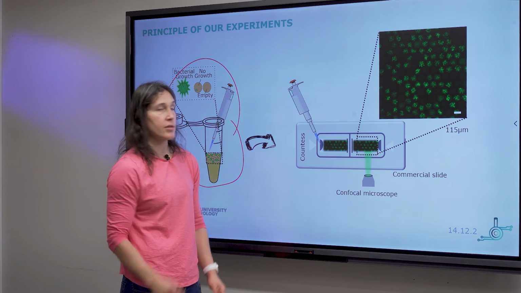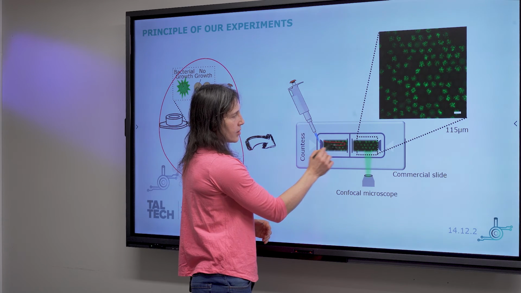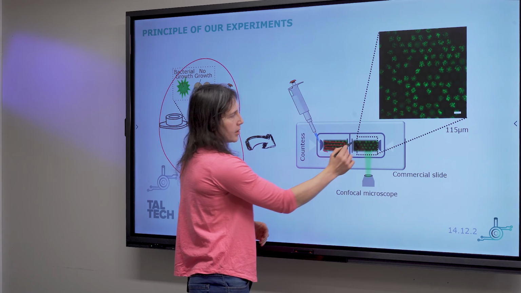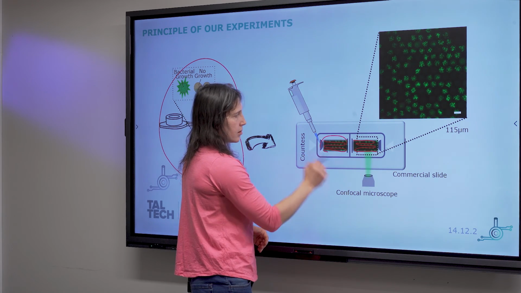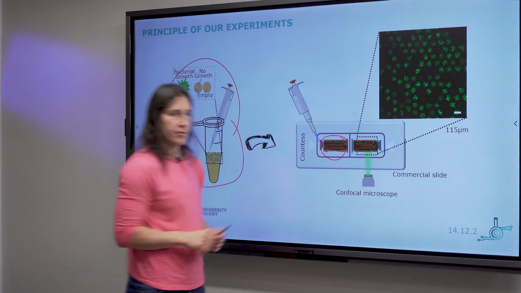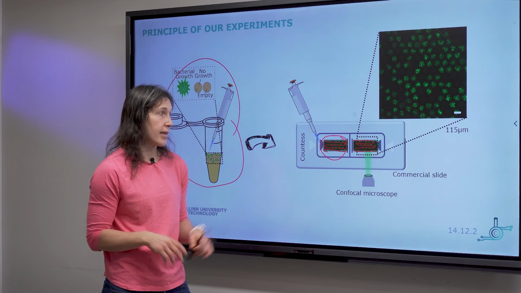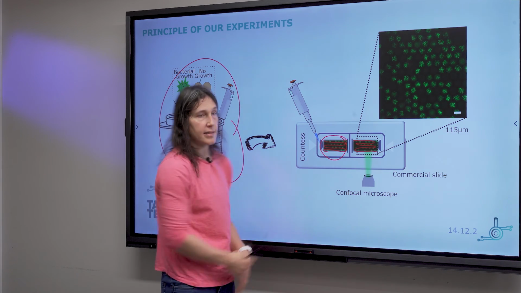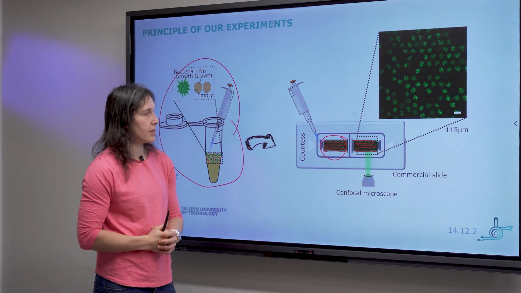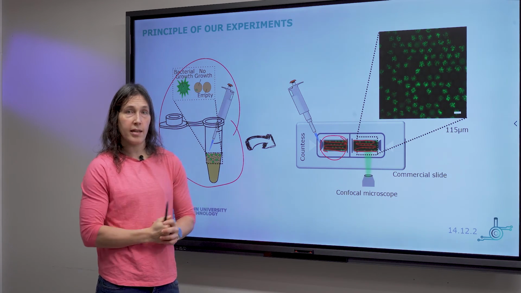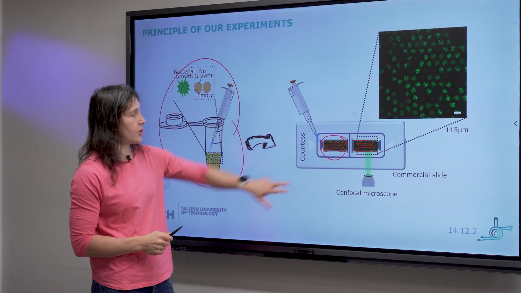We use a confocal to make a tile scan, so we scan these entire regions. For each part here, you can have about 5,000 to 6,000 droplets that you can analyze. So one slide can be 10,000 droplets or so that you can analyze at once. So it's a very nice way to do this.